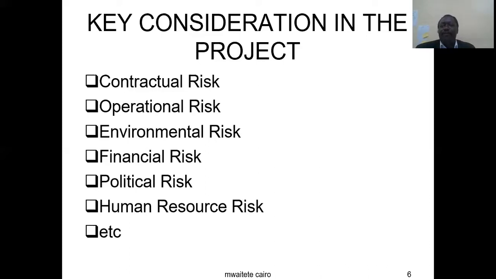Some risks are environmental risks. We need to know those risks that are environmental. Floods and so on, heavy rainfall. These are just weather, earthquakes, and so on. Diseases, eruptions, COVID-19, closing down your project because of COVID.